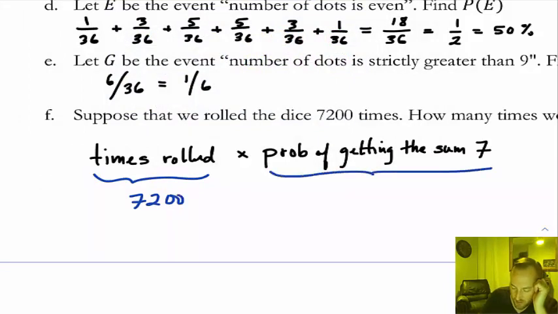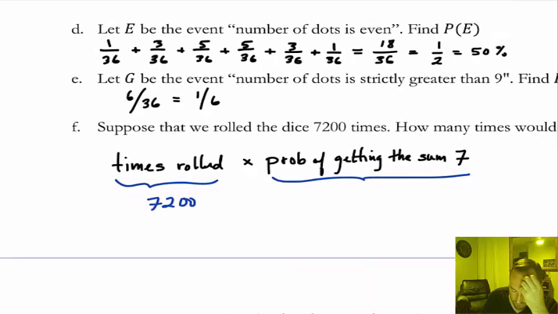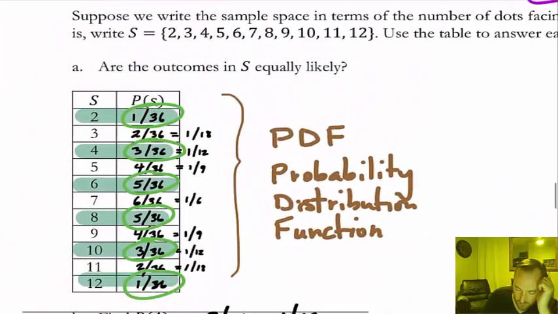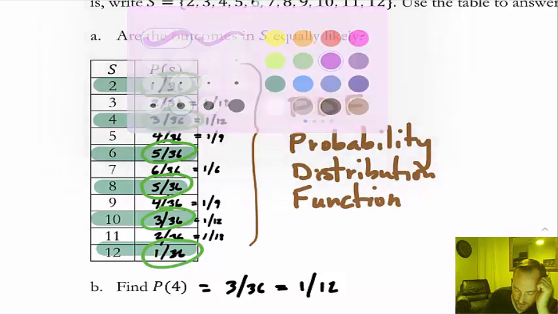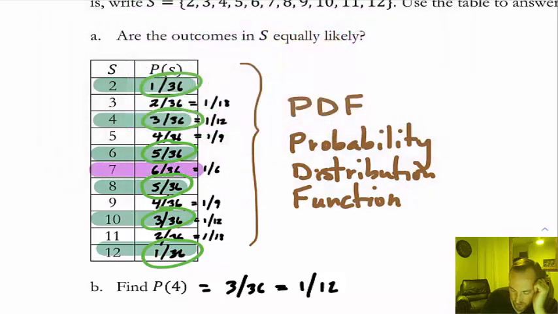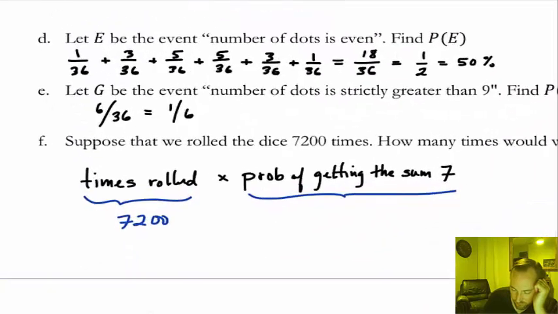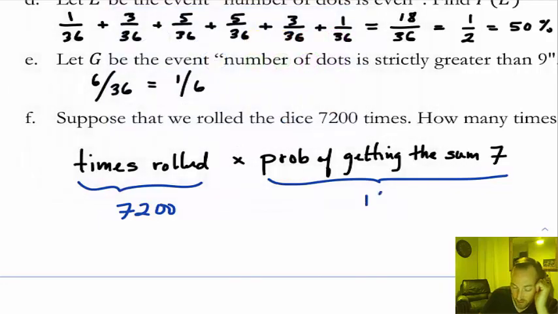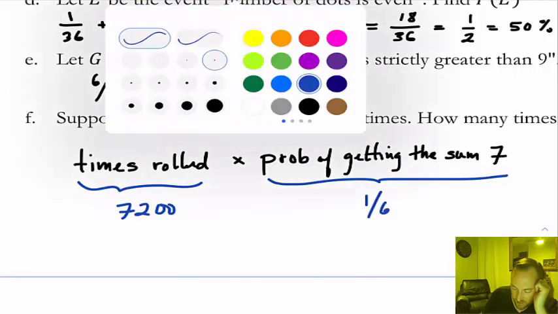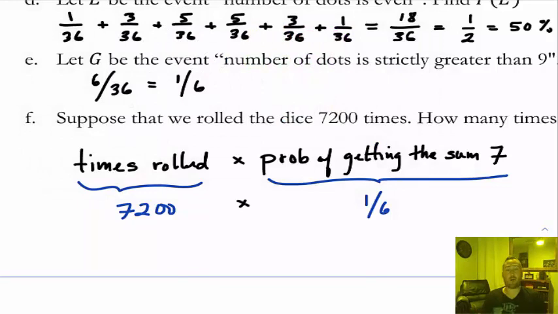Let's go back up to our table to determine that. And it would be right here that we've already figured out the sum of 7 is 6 out of 36, or 1/6. So all that we need to do is multiply the number of times rolled times that probability.